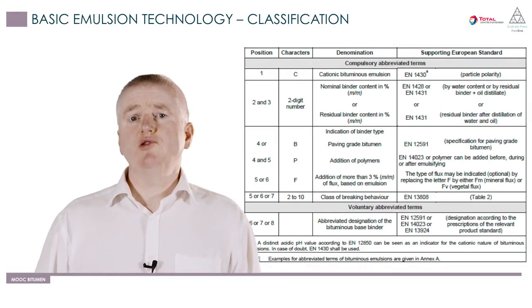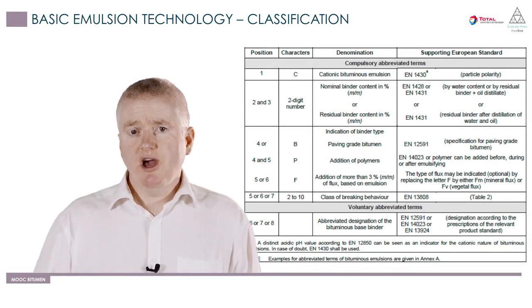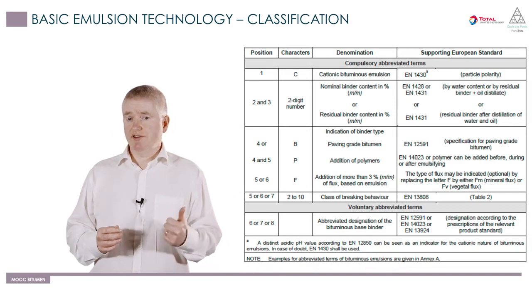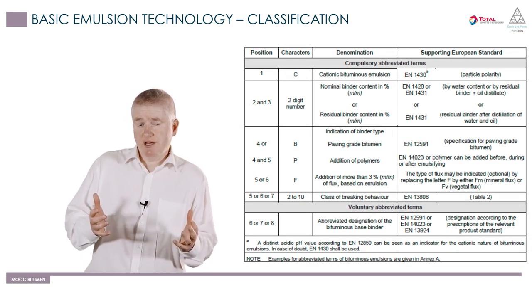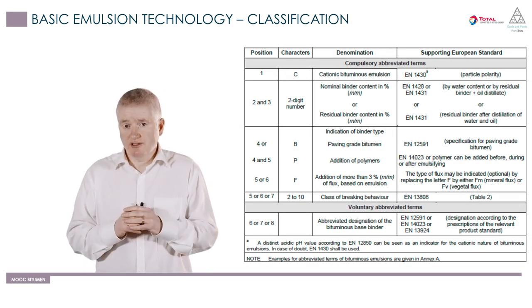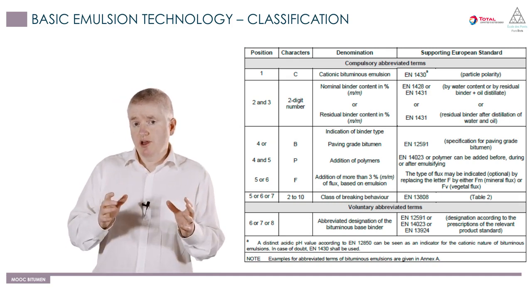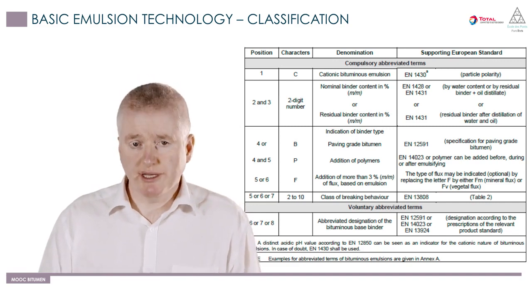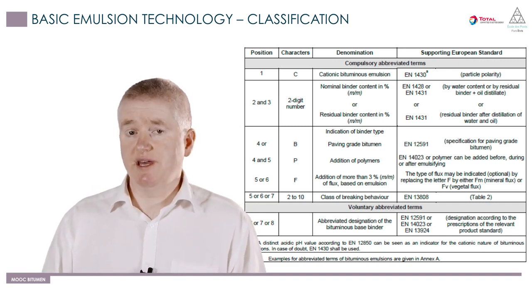The description of emulsions provided in this module are all acid-based or cationic. There is also technology available to manufacture caustic-based or anionic emulsions, and indeed neutral or non-ionic emulsions. However, this module is focused solely on cationic or acid-based emulsions.